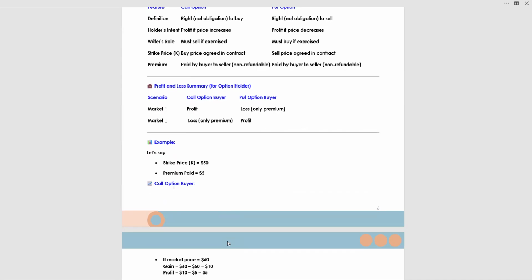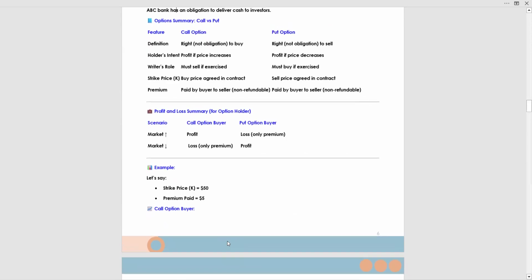Why is it profit? Can anyone tell me? Because if market is going down, we can sell, as we are in a put option. Put option means right to sell, but in the call option we can't sell as we have a right to purchase.